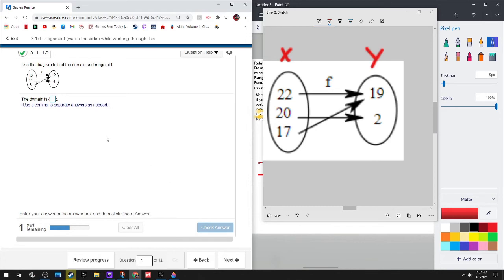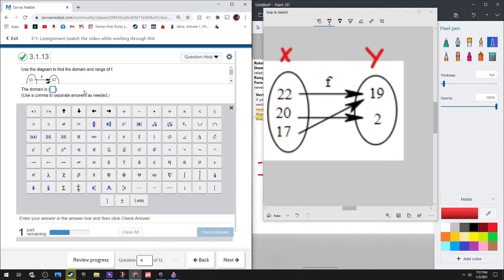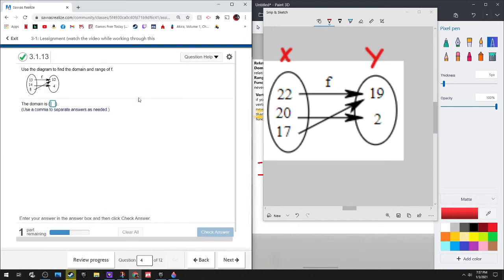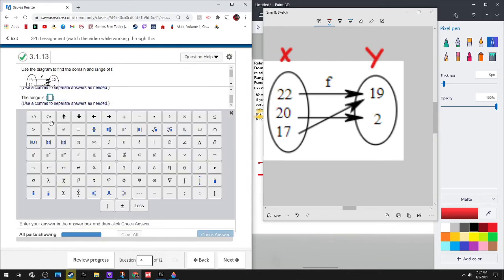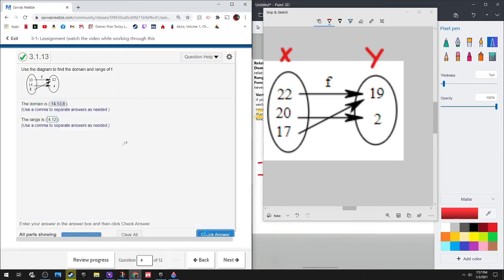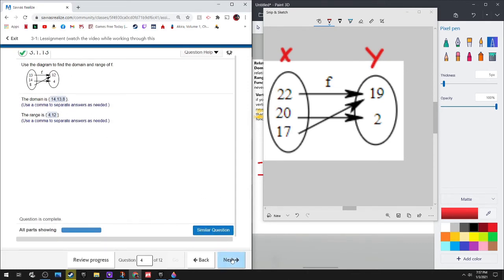I'm going to try writing the domain in some silly order this time. Will they take 14, 13, 8 in a completely mangled order? They do. I don't like to take off points if you don't write it in order, but it's good to write it in increasing order.